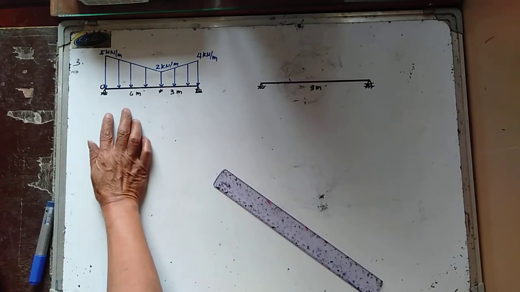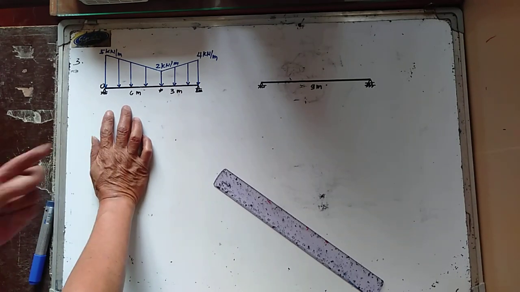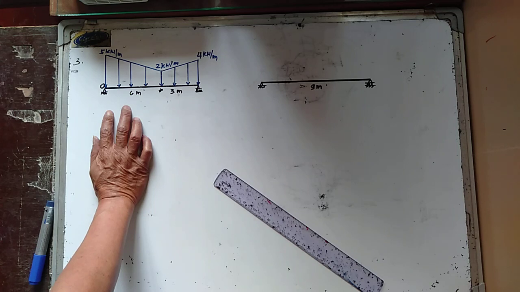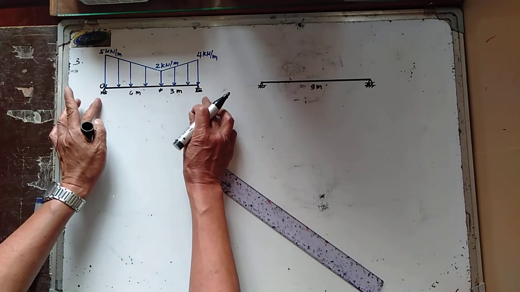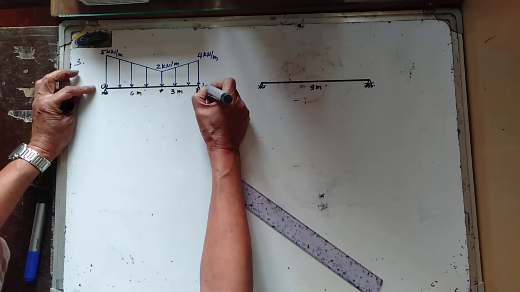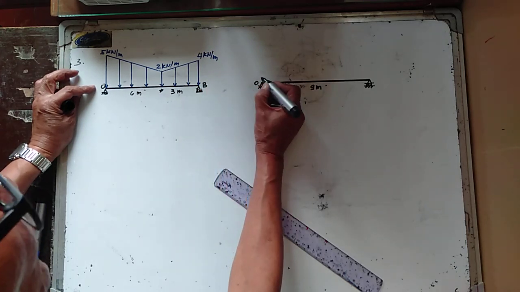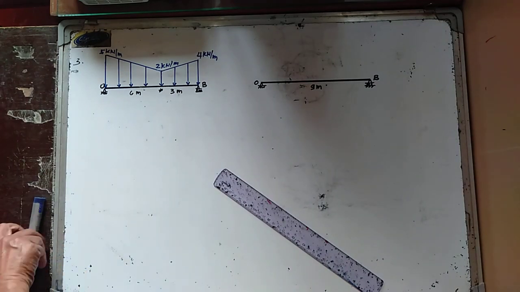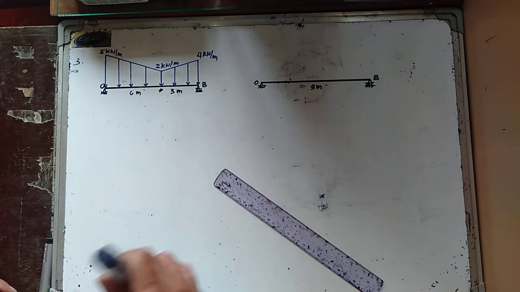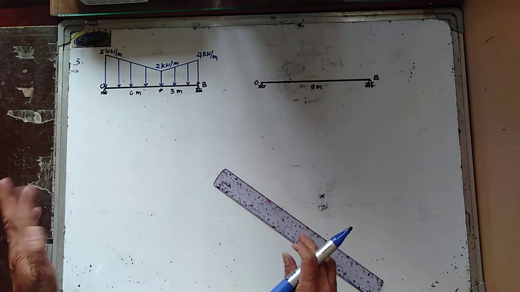Okay, for this distributed normal loading, replace the loading by a single resultant force and specify its location on the beam measured from point O. So if this is now your beam, that is your point O, and this one in here is now your point B. So I'm going to divide the distributed loading into 4 triangles.